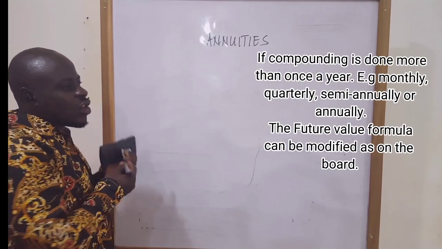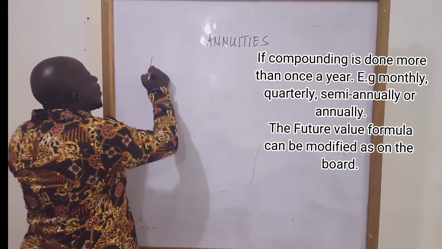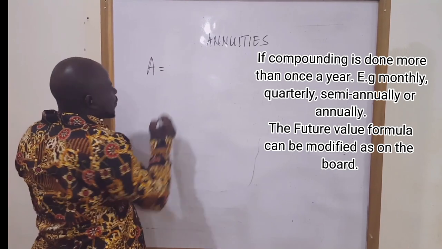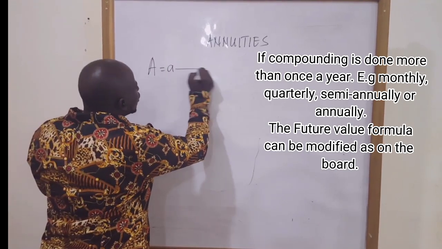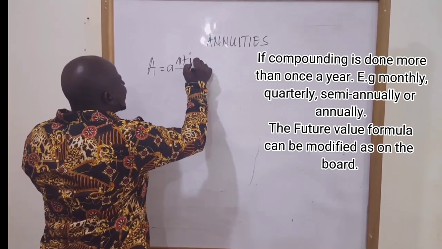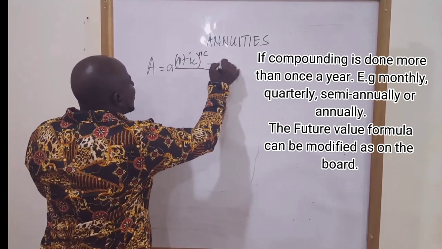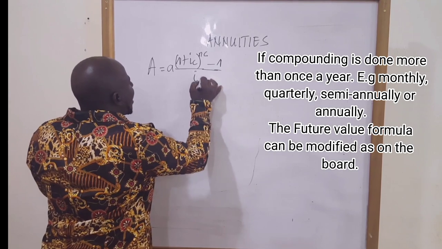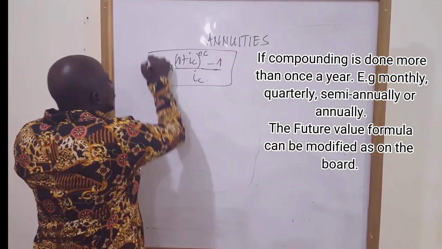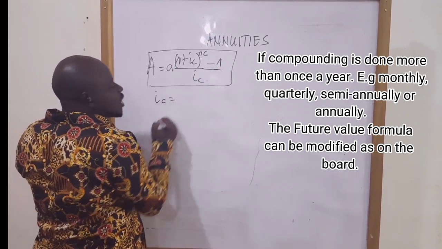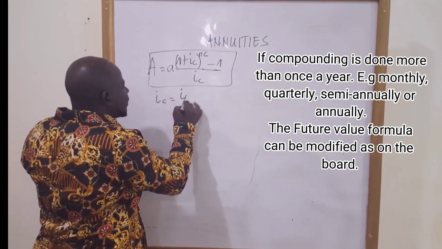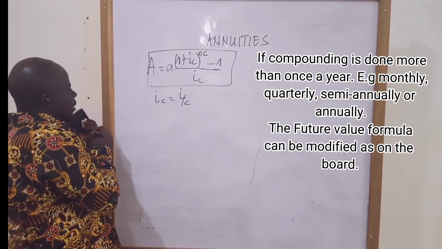If compounding is done more than once a year, our acquired value formula can be modified as follows: A times (1 plus IC) raised to the power NC minus 1, divided by IC. Now, what is IC? IC is the proportional rate, which is simply I divided by C.